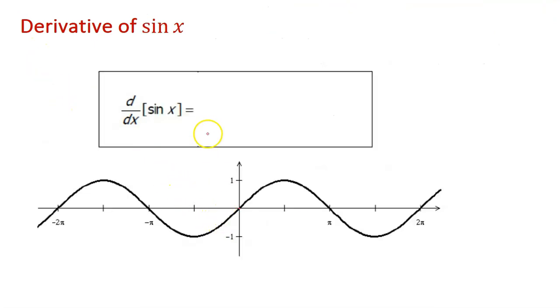Let's see if we can come up with an expression for the derivative of the sine function by graphing the derivative at key points. Remember, the derivative is the slope of the curve at a point. So we need to find the slope of this graph at key points. Let's start right here. What do you think is the slope of the tangent line at 0?